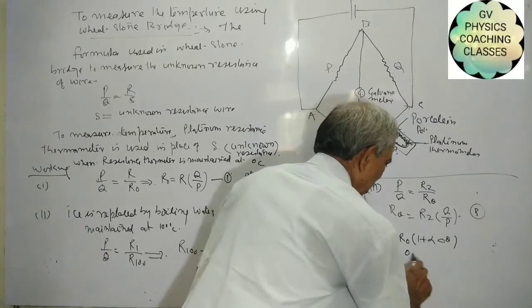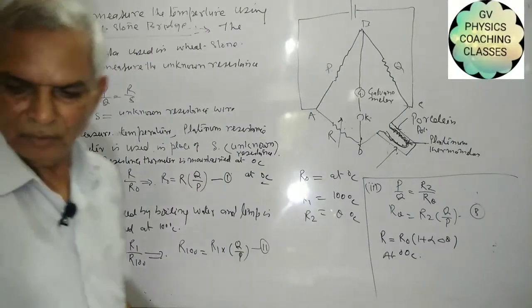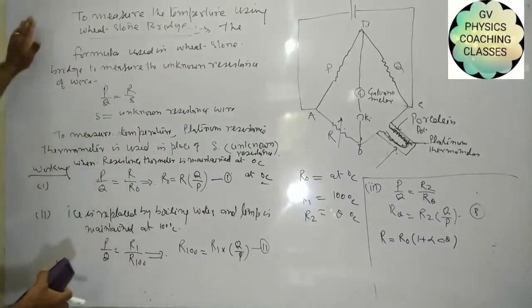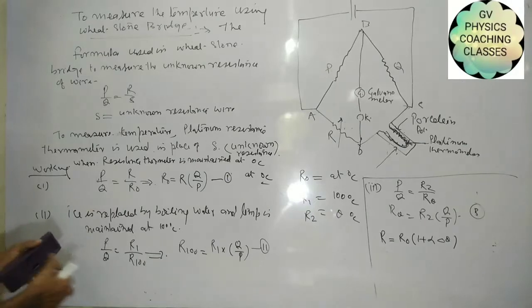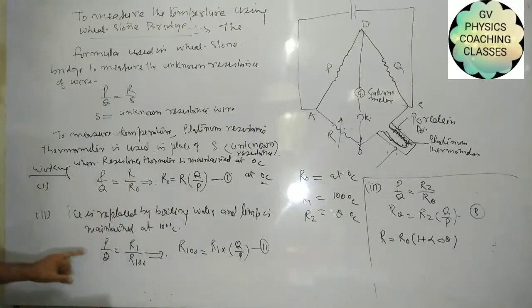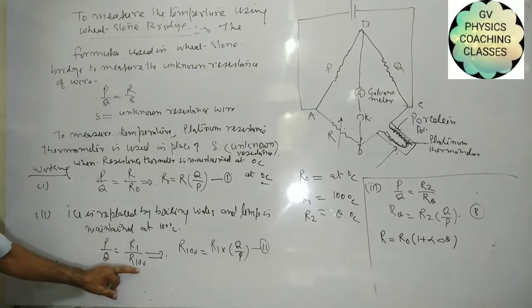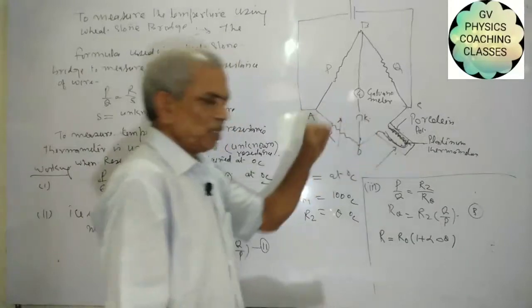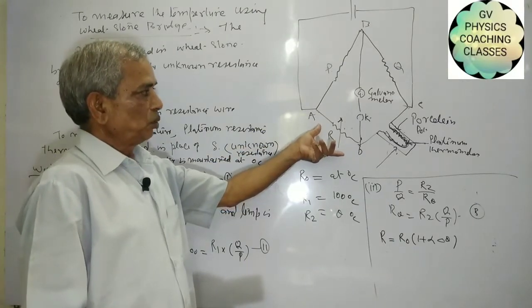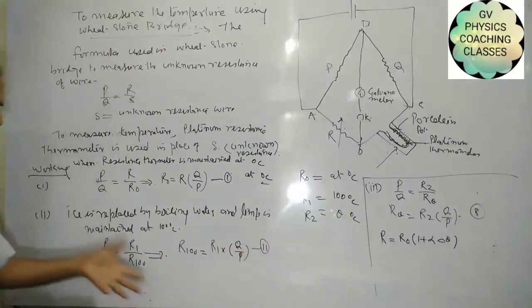At the first condition, at 0 degrees Celsius, R naught equals R P upon Q. At 100 degrees Celsius, P upon Q equals R1 upon R100, where R100 is the resistance of the platinum wire and R1 is the adjusted resistance.